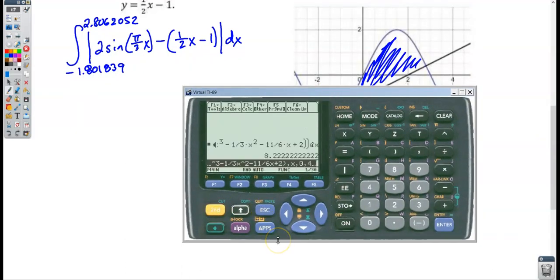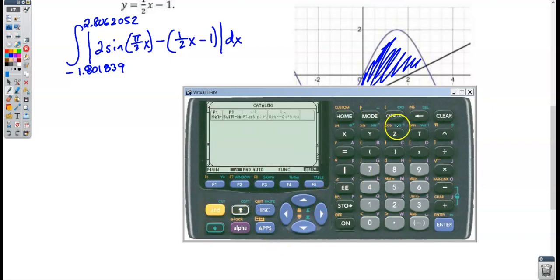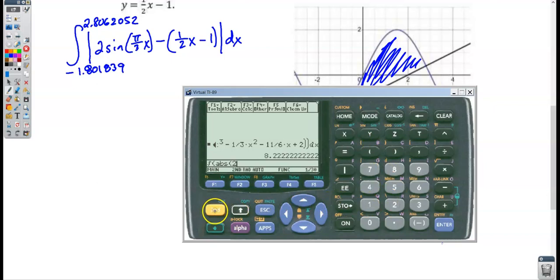I'm going to go out to my main screen, and we'll take our integral of the absolute value. Hopefully you know where to find the absolute value command on your calculator. 2 sine of pi over 3x.